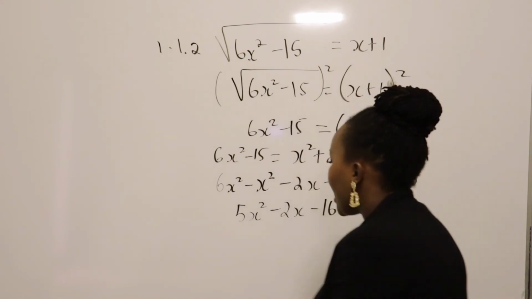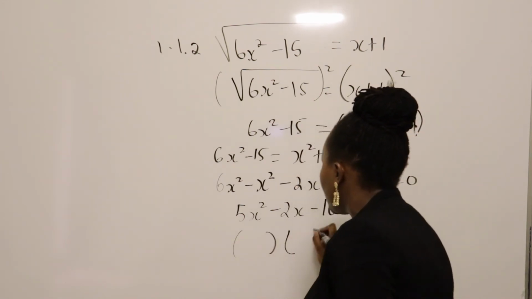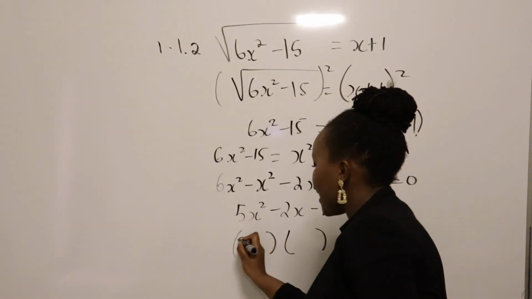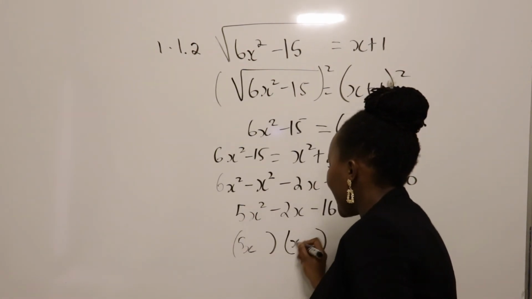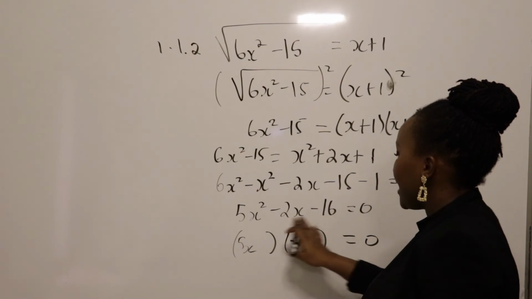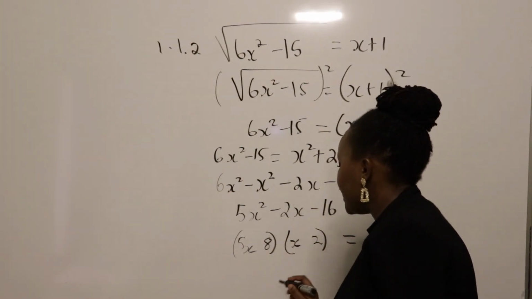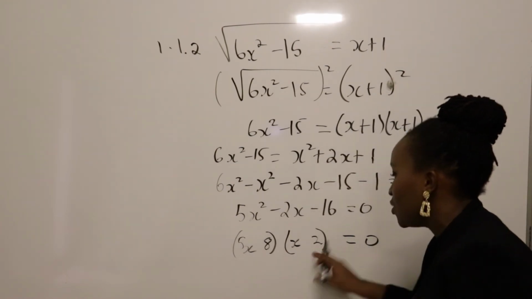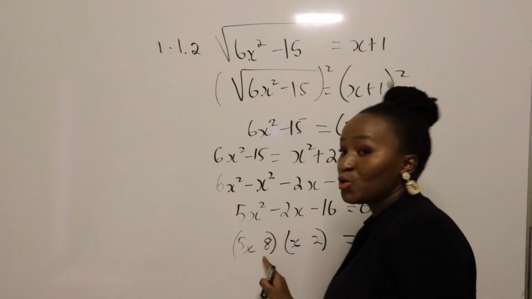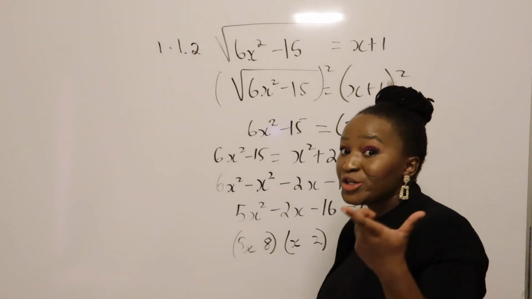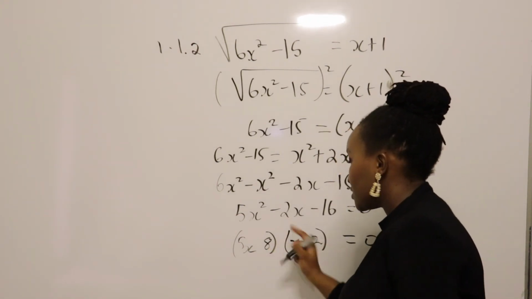Alright? So what I'll do here, I will put 2 brackets equal to 0, and I will say factors of the first term is 5x and x. Factors of the second term is 8 and 2, so I'll write 2 here, and I'll write 8, because when I multiply 5 times 2, it will give me 10, and 8 times x will give me 8x, which will give me 2x at the end, okay?